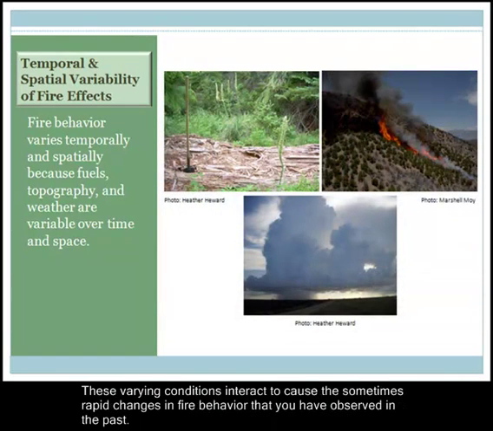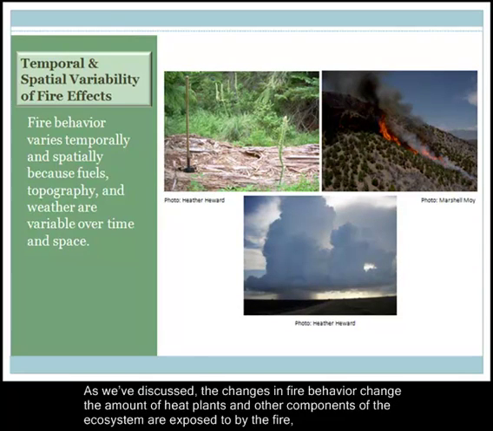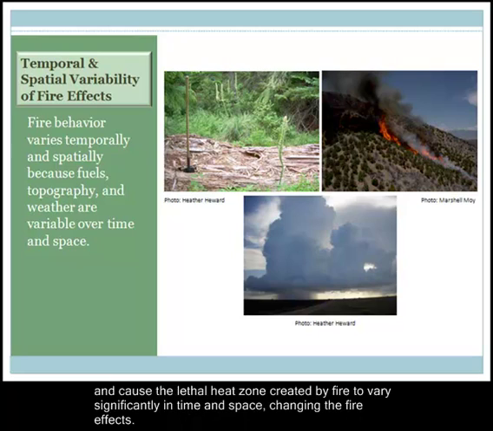These varying conditions interact to cause the sometimes rapid changes in fire behavior that you have observed in the past. As we've discussed, the changes in fire behavior change the amount of heat plants and other components of the ecosystem are exposed to by the fire, and cause the lethal heat zone created by fire to vary significantly in time and space, changing the fire effects.